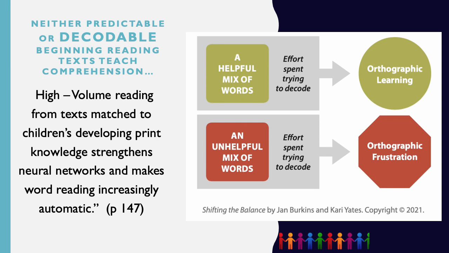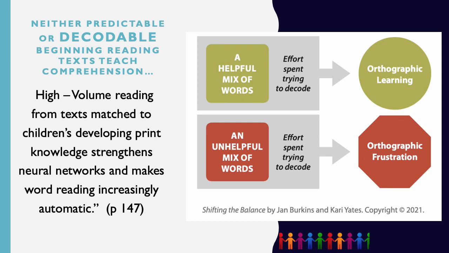So, neither predictable or decodable beginning reading books are great texts for teaching comprehension. That is a reality, an unfortunate but real point. So, high volume reading from texts matched to children's developing print strengthens the neural networks, makes reading increasingly automatic.